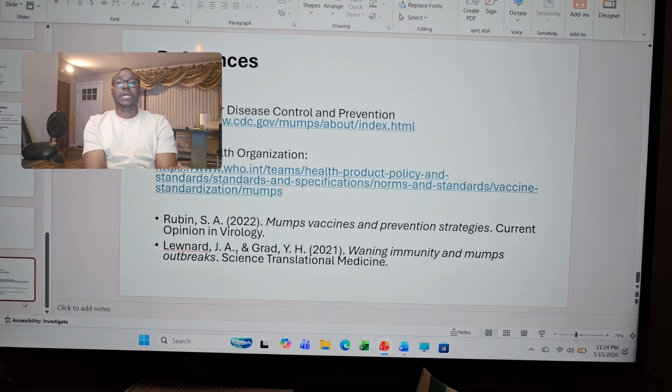I got these two: Plotkin S.A., Mumps vaccine and prevention strategies, Current Opinion in Virology. And J.A. Grant, Waning immunization and mumps outbreak science, Translational Medicine.